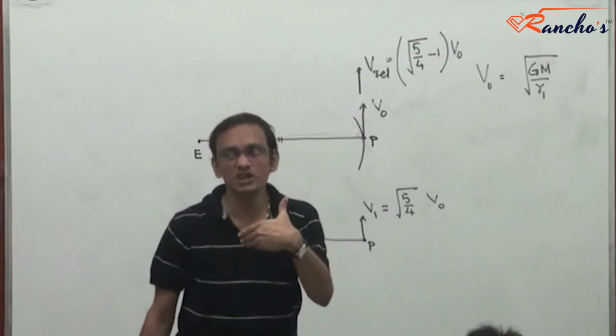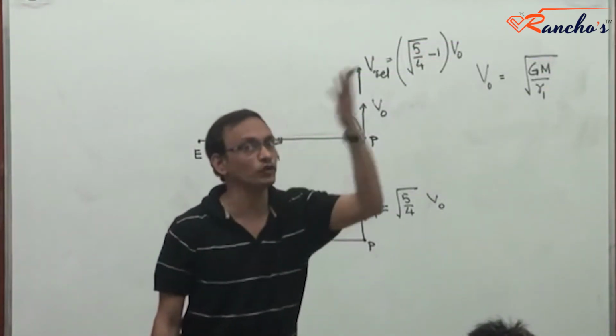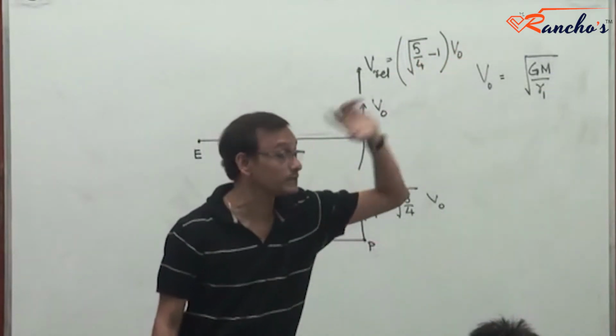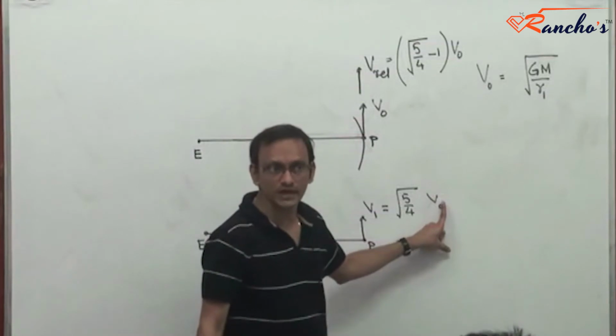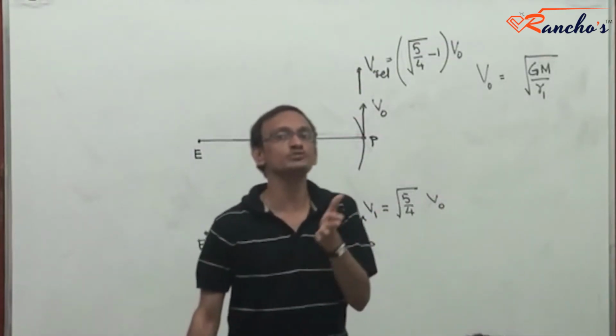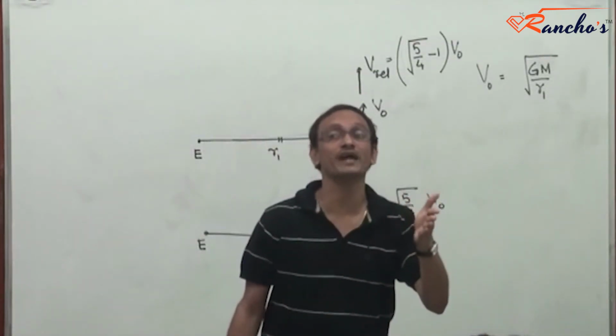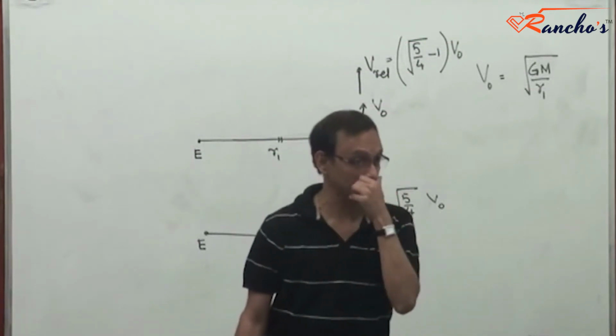See, if it becomes equal to root 2 times the orbital speed, it would escape the gravitational field, right? So it's less than root 2 times the orbital speed at this point. Therefore, the trajectory pursued is going to be an ellipse, right?